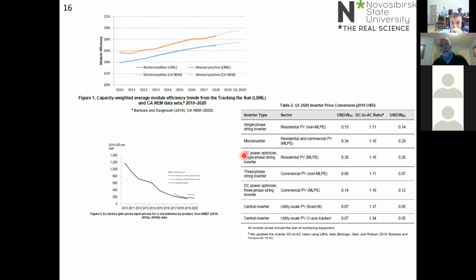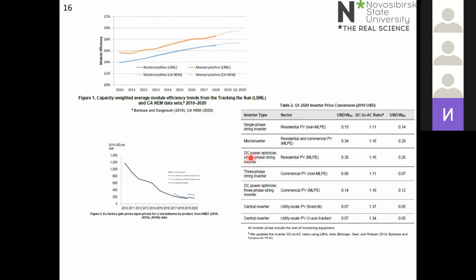And how that is done is going to be a significant component of the lecture material that I give you on those. And so a DC power optimizer doesn't do a conversion to AC, but it controls the operation of each individual module to maximize the DC production.